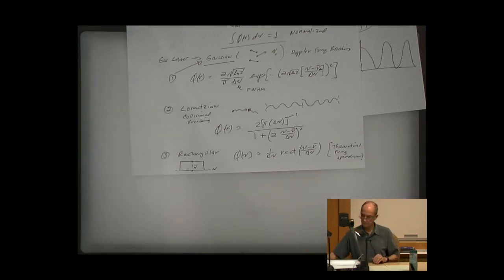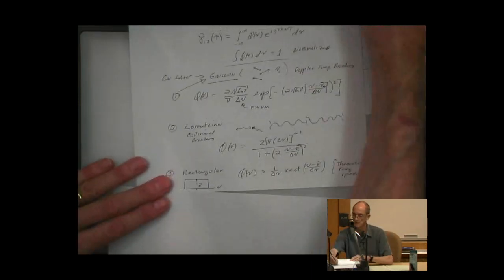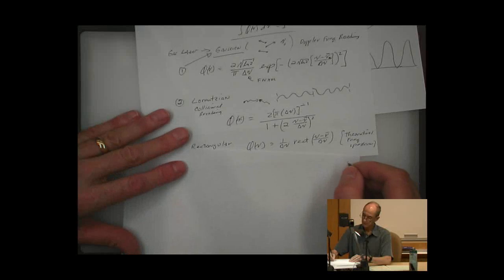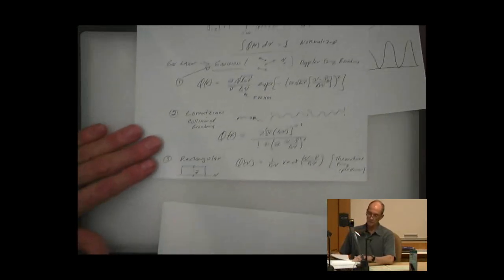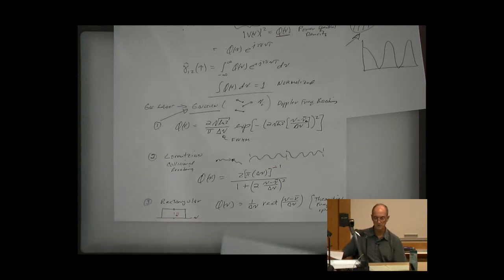Now, notice our definition. What we want to end up with is the coherence time for these different types of sources. We know we can get that coherence time from the complex degree of coherence function.